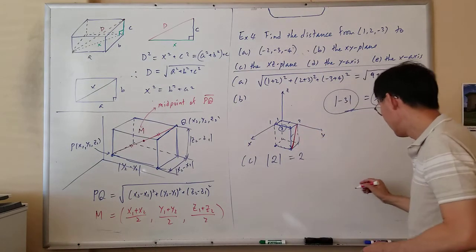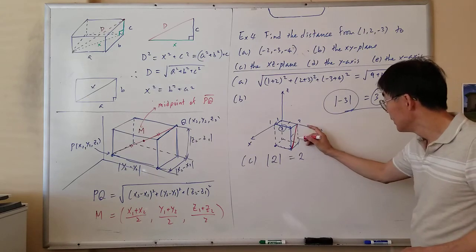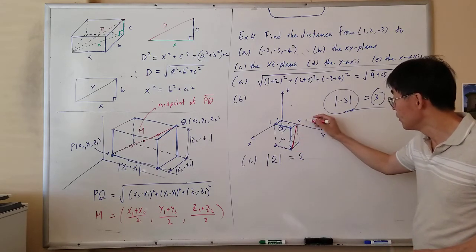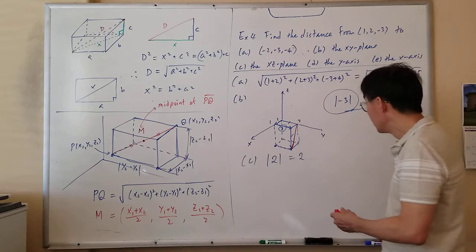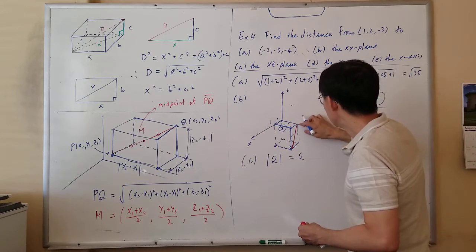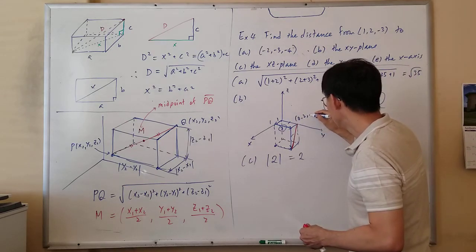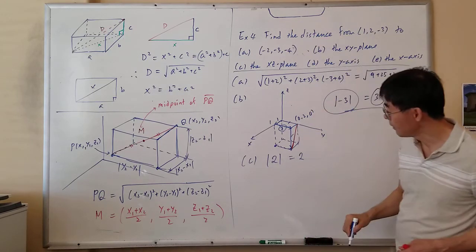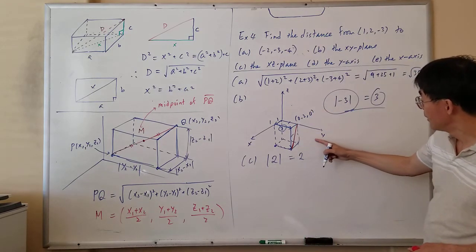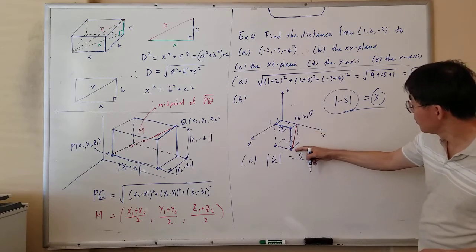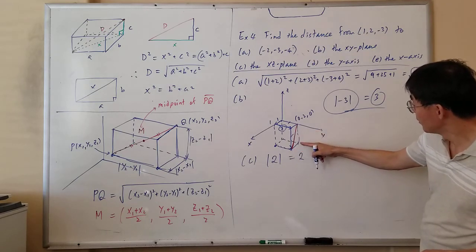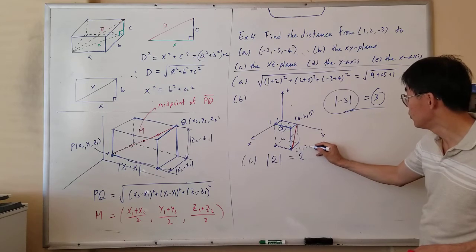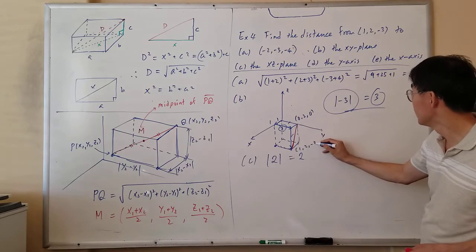So that means the distance from that point to this, which is what? This point is 0, 2, 0, right? So this is 1, 2, negative 3.